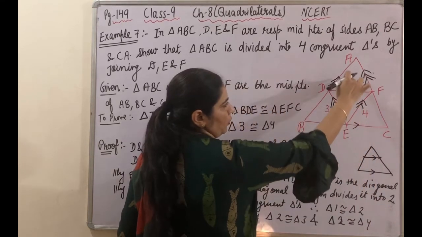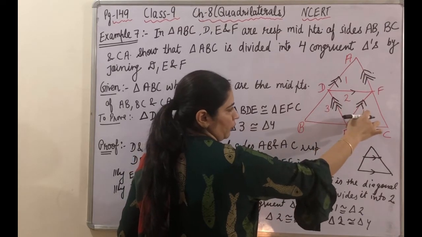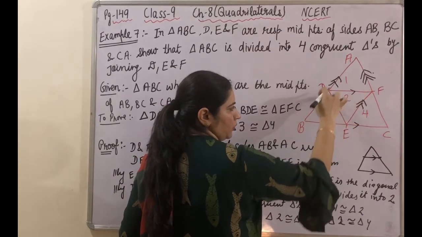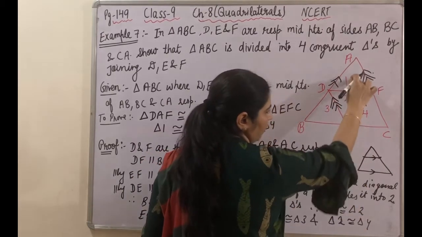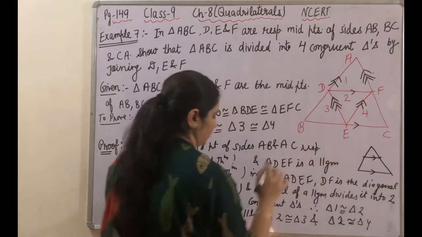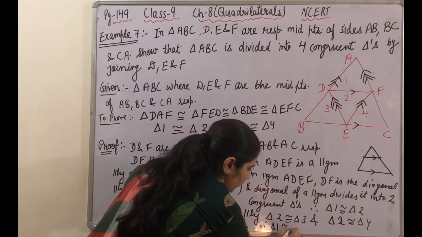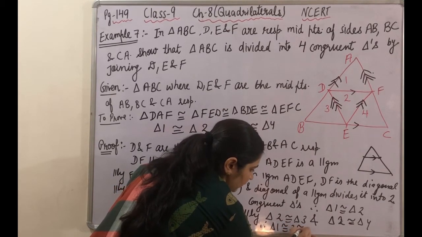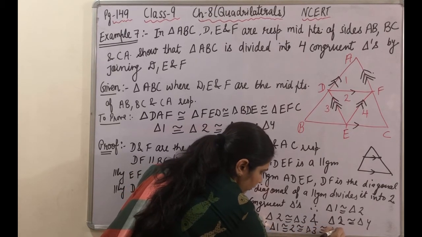So 2 is congruent to 1, 3 and 4. So 2 is congruent to all the triangles. Therefore I can say all the 4 triangles are congruent. Therefore triangle 1 is congruent to triangle 2, is congruent to triangle 3, and is congruent to triangle 4.